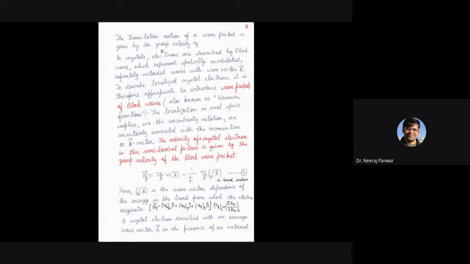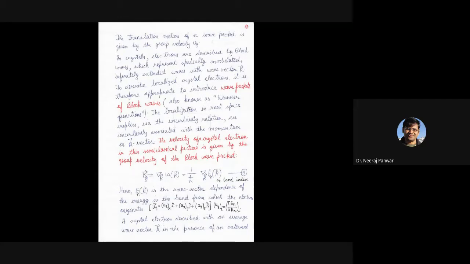In crystals, electrons are described by Bloch waves, which represent spatially modulated, infinitely extended waves with wave vector k. You know, psi k is equal to u k x e to the power i k x. To describe localized crystal electrons, it is therefore appropriate to introduce wave packets of Bloch waves.